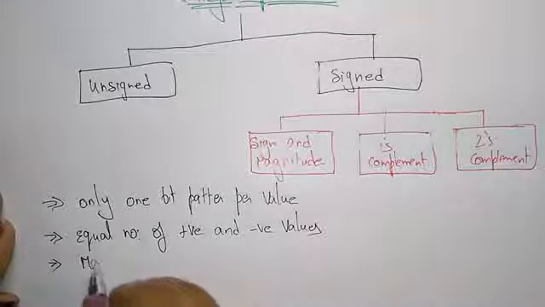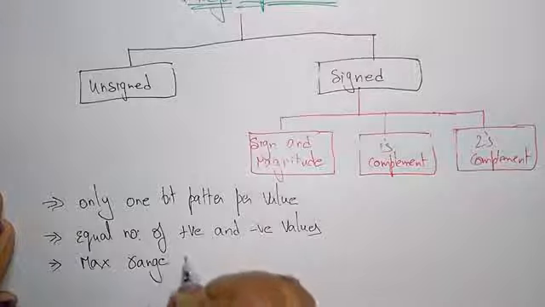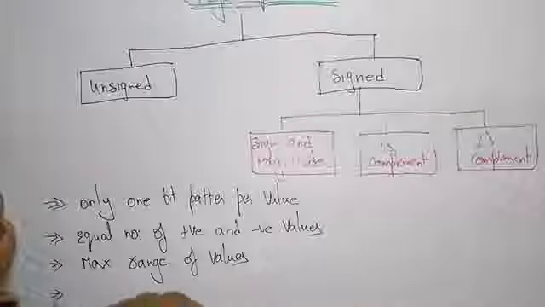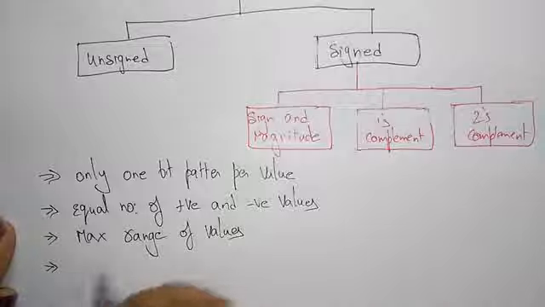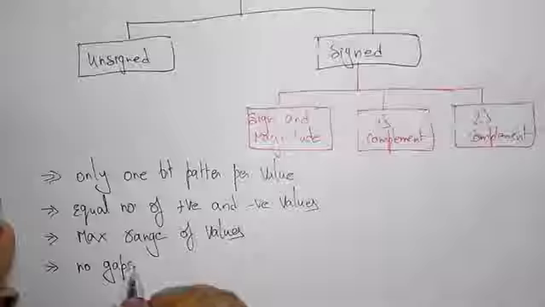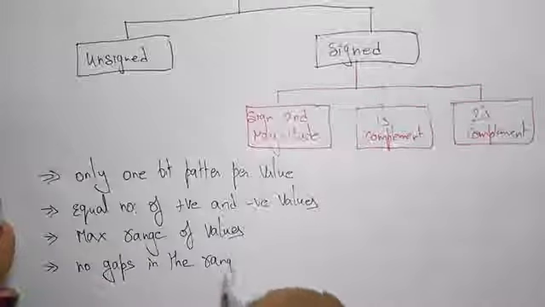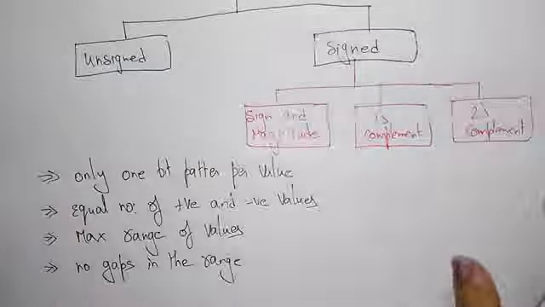Within that range only you have to represent, otherwise it will be overflow. And one more thing: no gaps are allowed in the range of the values. These are the properties that you have to follow whether you are representing a signed or unsigned number.